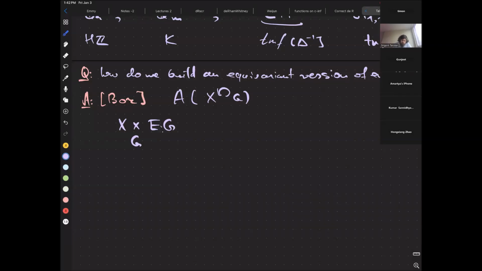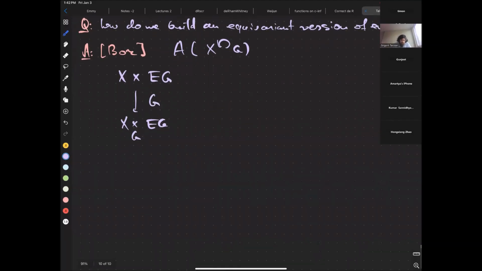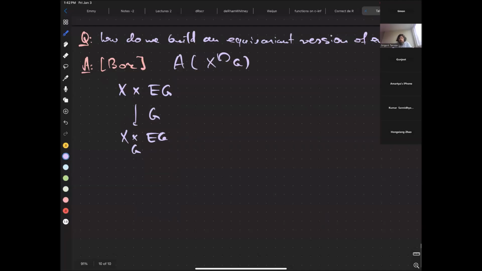So if you just multiply it by the universal bundle of G, you get something which is homotopy equivalent to X. And then when you mod out by the diagonal action, the action is free, so you get a free quotient. And since you expect that if you take an equivariant cohomology of something which has a free quotient, the result should be just the usual cohomology theory on the quotient.